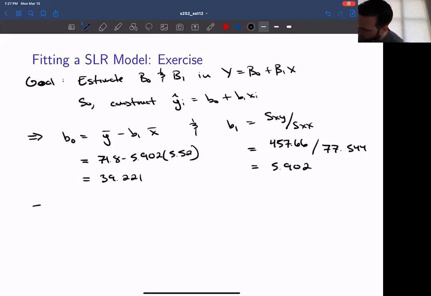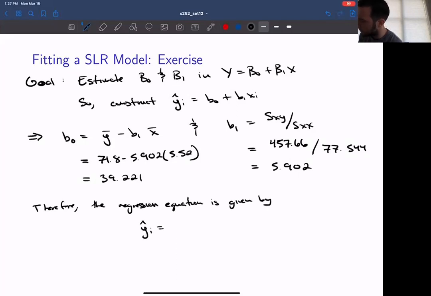Therefore, the regression equation is given by yi hat equal to 39.221 plus 5.902 xi.